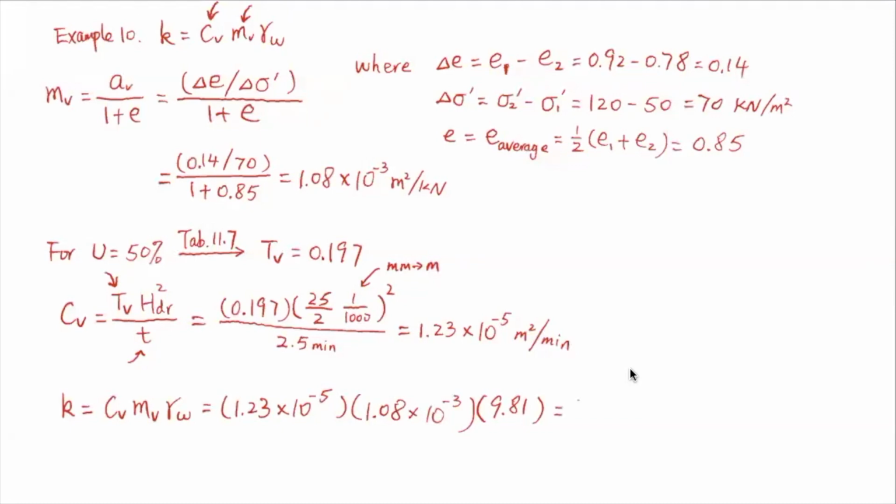And this gives us 1.303 times 10 to negative 7 meter per minute. So that's the hydraulic conductivity of that clay specimen.